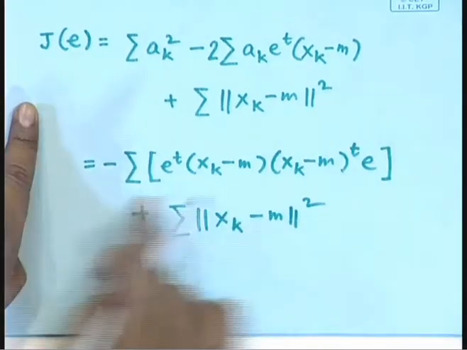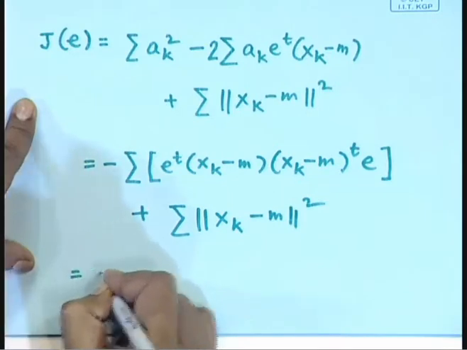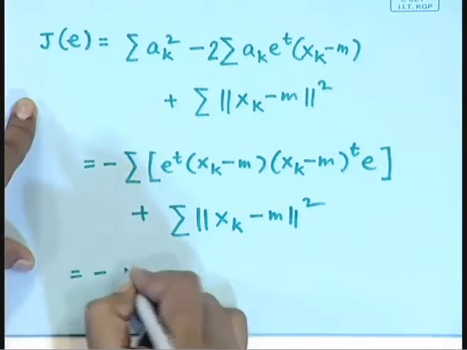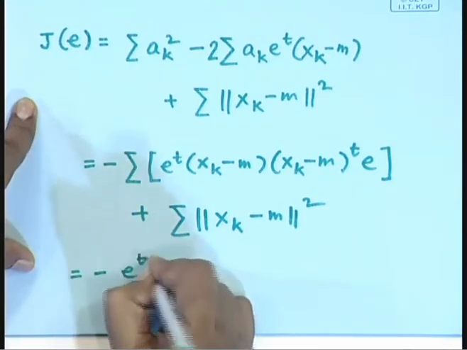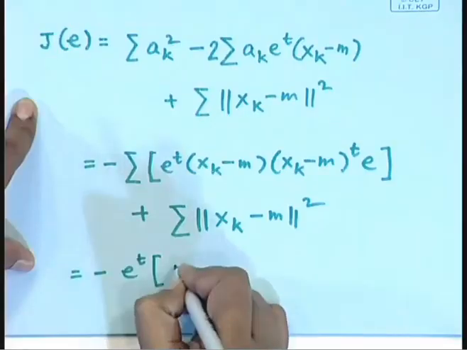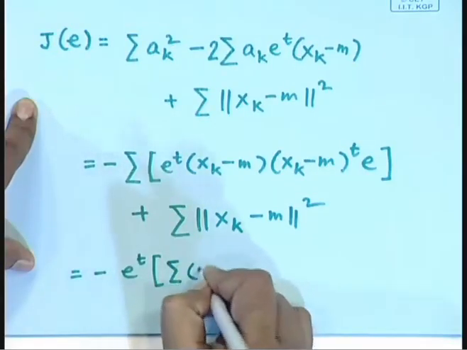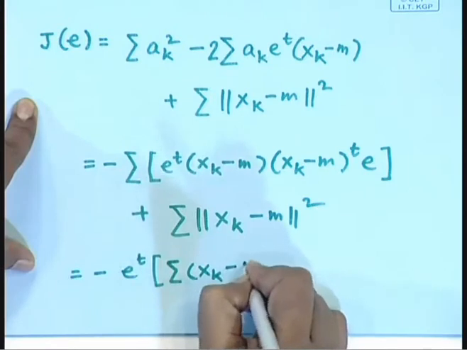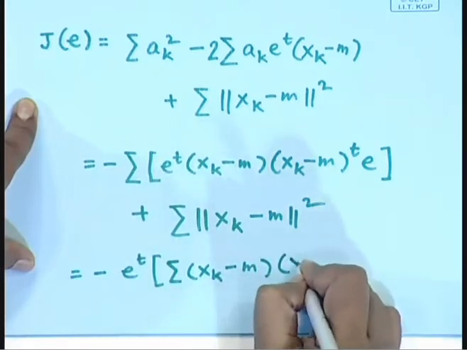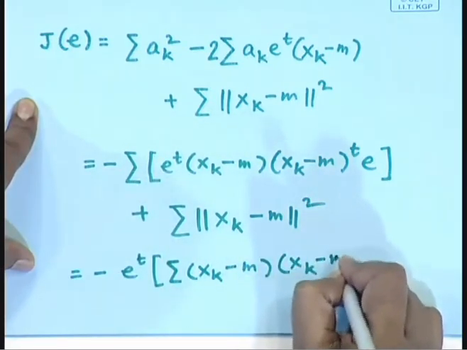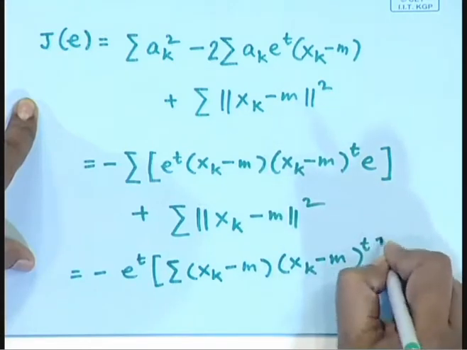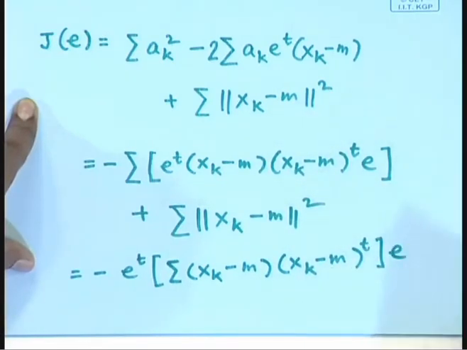So, this I can write as minus E transpose, summation x k minus m into x k minus m transpose, E, because E is independent of k.